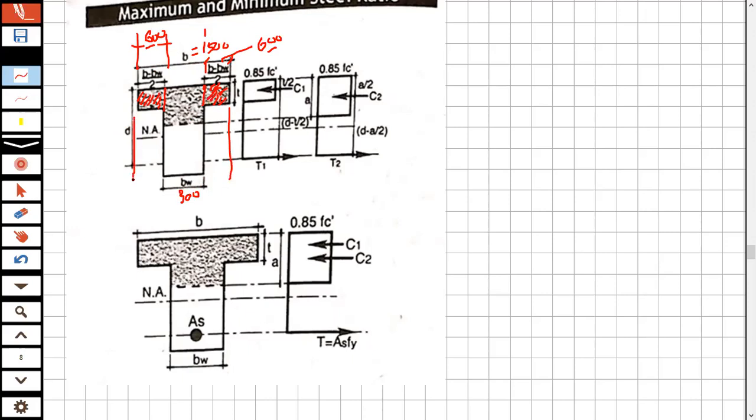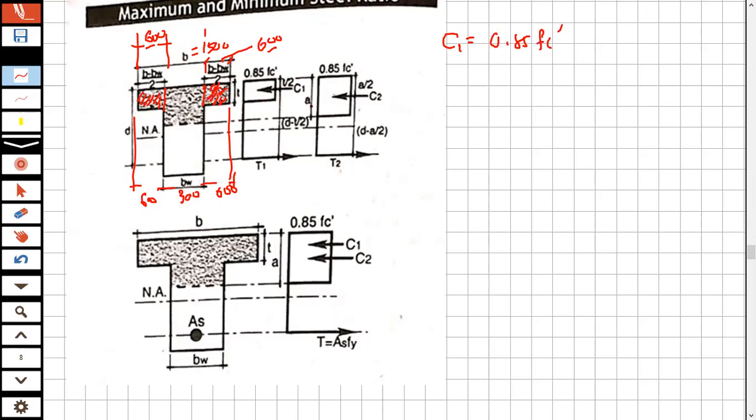Dito ko na lang ilagay, okay? So this is 600, 600. Okay? So in other words, the volume of C1 is just equal to 0.85 f'c.